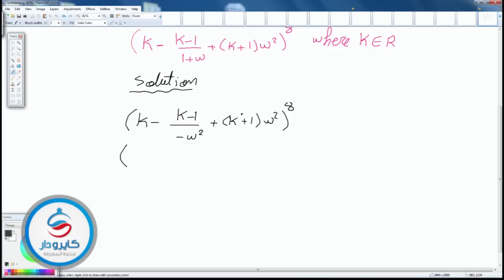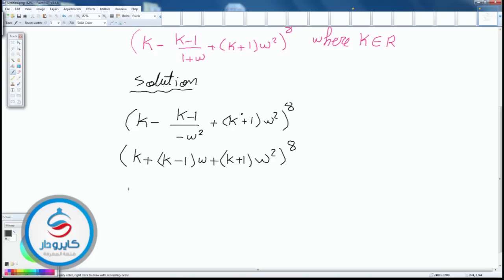So we have negative times negative positive, then it will be k plus k minus 1, and this is negative omega square, negative by negative positive, and the omega square we can replace it by omega in the numerator, plus k plus 1 times omega square all power of 8.